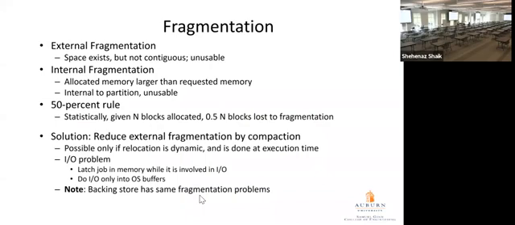So even on the backing store, we will arrive at exactly the same fragmentation problems, and with respect to the overhead, applying the procedure of compaction on the backing store leads to a higher overhead and a larger time delay, considering the backing store is several orders of magnitude slower as compared to physical memory accesses.